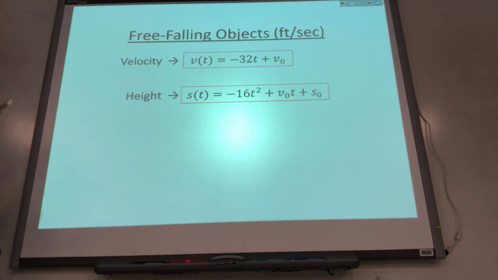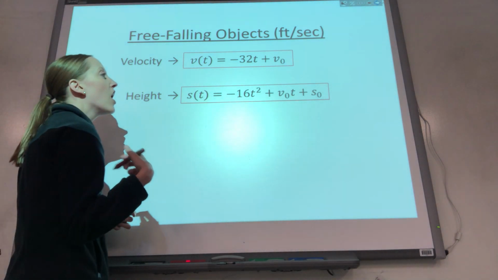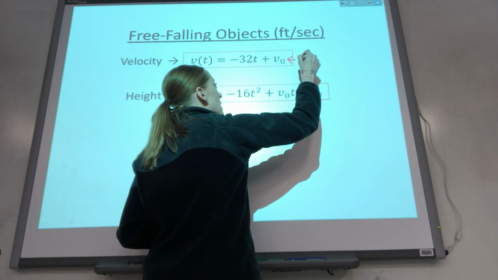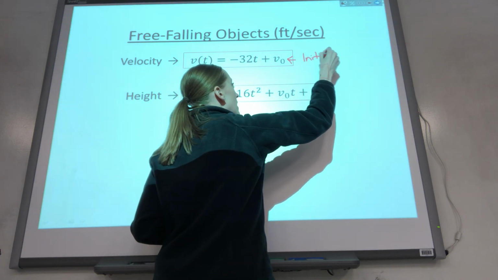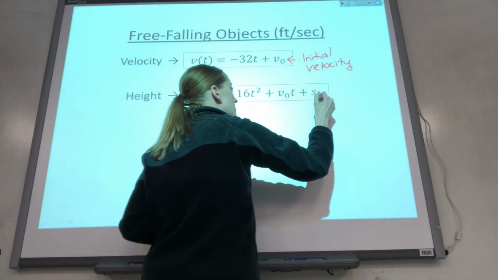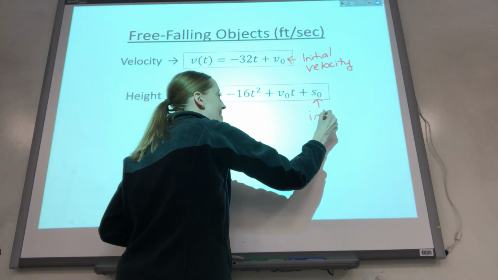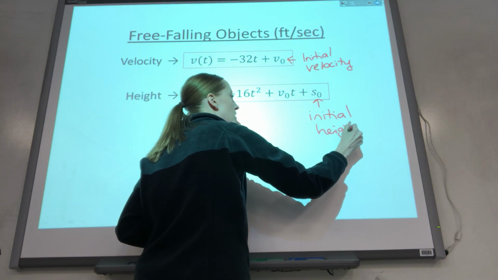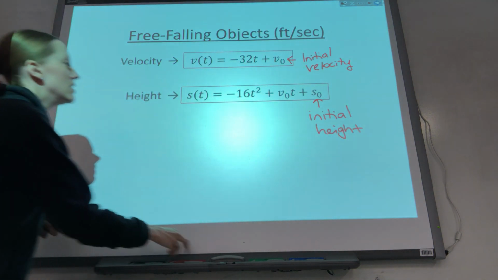All of the little subscripts there are initial values. So the v sub 0 is the initial velocity, and the s sub 0 is the initial height.